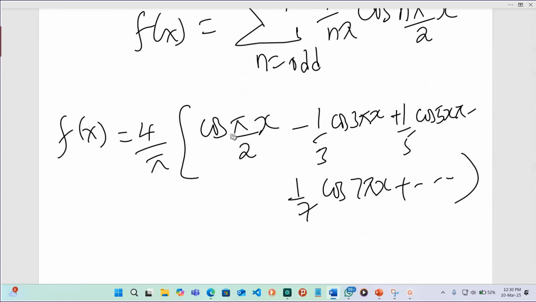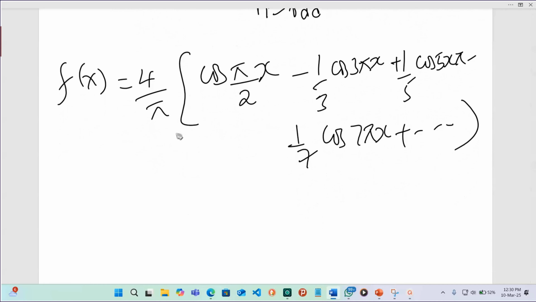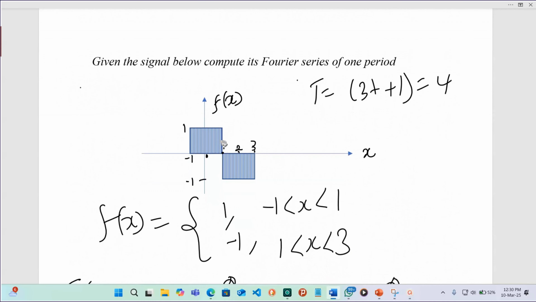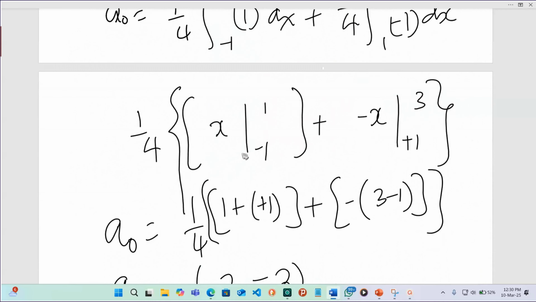So that becomes the Fourier series for the above function that we had up here. That becomes the Fourier series for that signal.